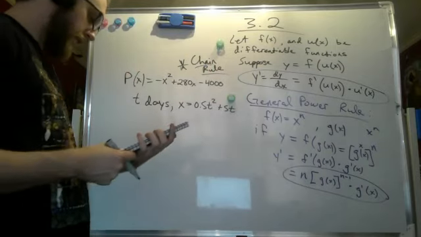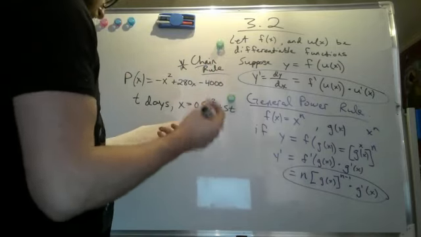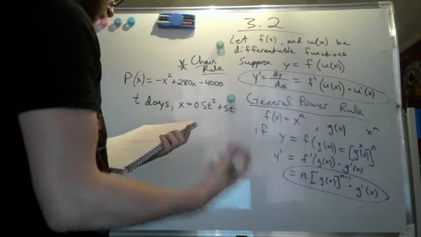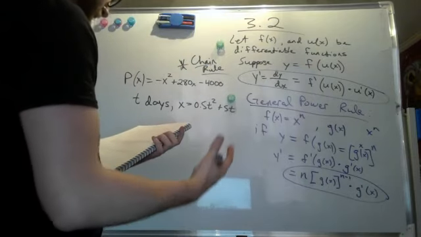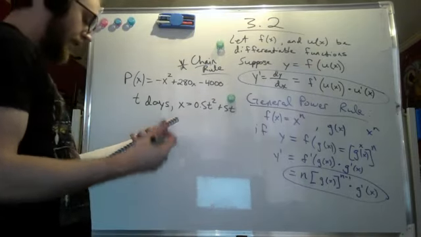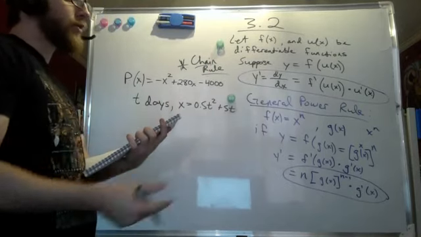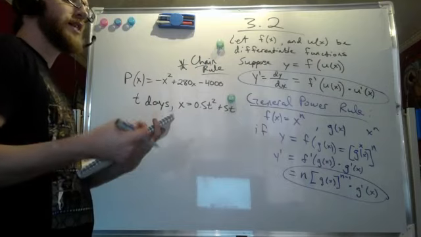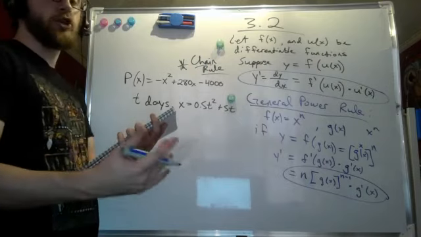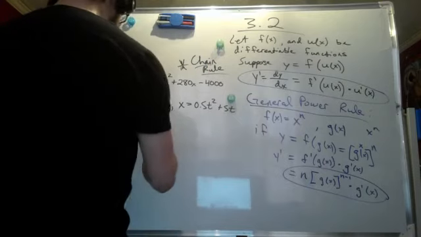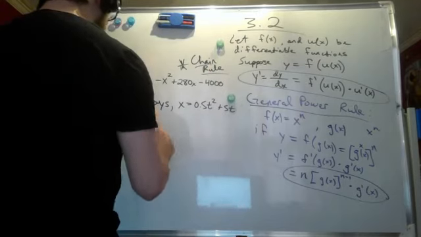So the question now asks, find the rate of change. So what's rate of change? That's a derivative. The rate of change of profit. Or in other words, if we go back to the business terms, that would be find the marginal profit. So we're looking for P prime.